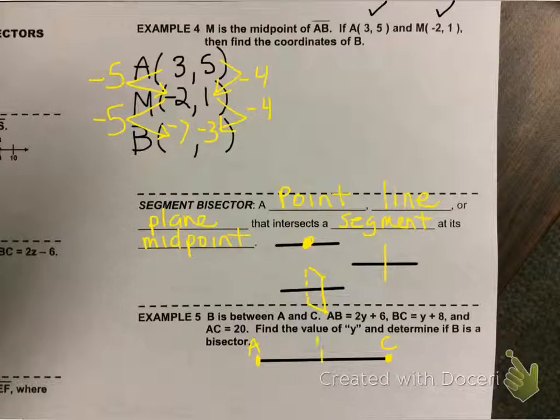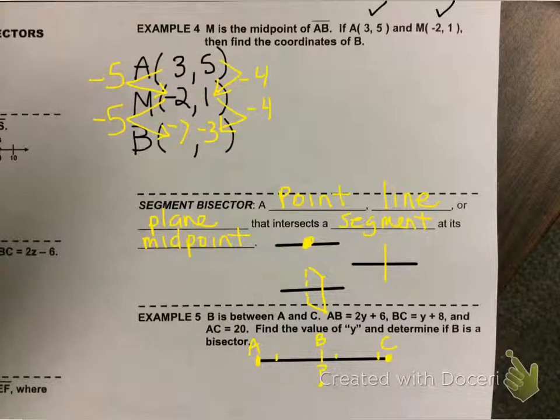I'll put a question mark there because I don't know exactly where B is. All it tells me is that B is between the 2 endpoints of the line segment AC. It could be all the way over here, or here, or somewhere close to that.